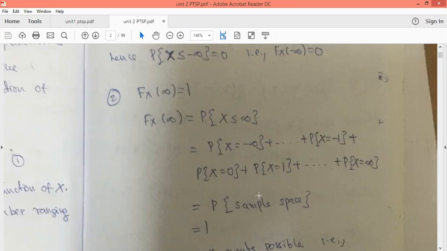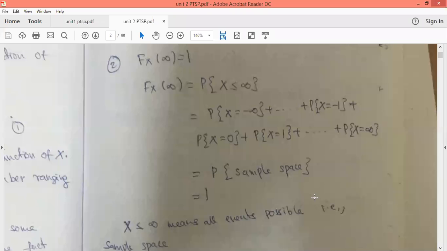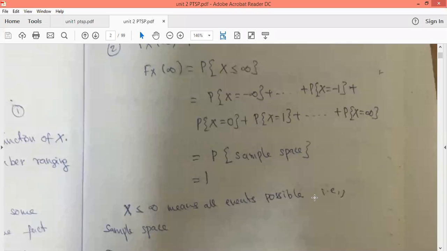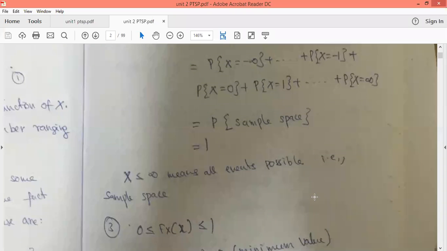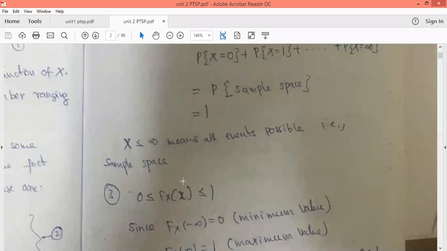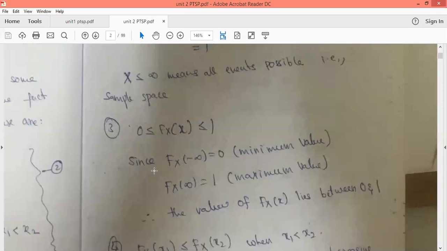So it is the probability of the sample space, which will always be equal to 1. If X less than or equal to infinity, it includes all possible events, that is the sample space, so the probability will be equal to 1. The third property is that 0 less than or equal to F_X(x) less than or equal to 1.